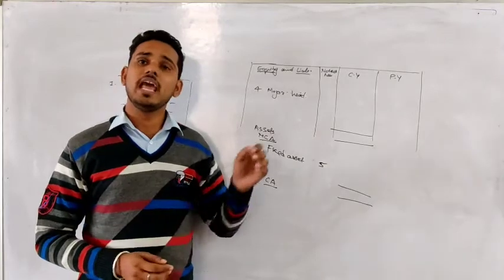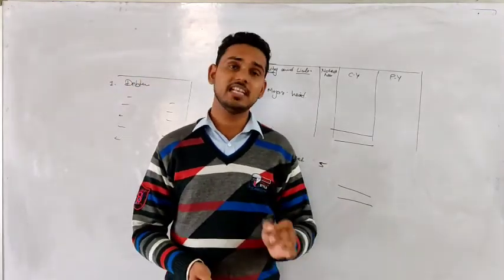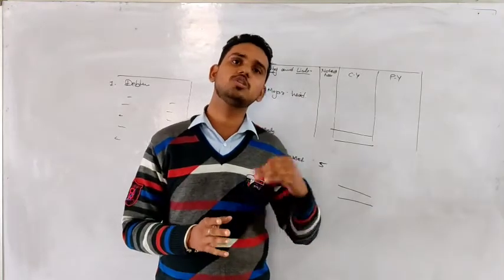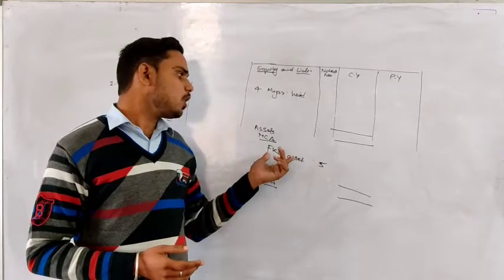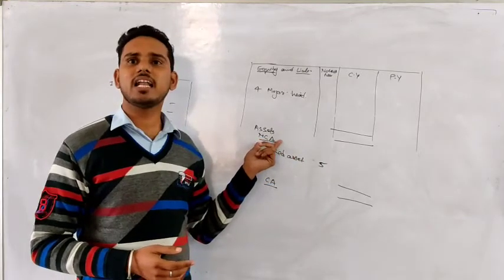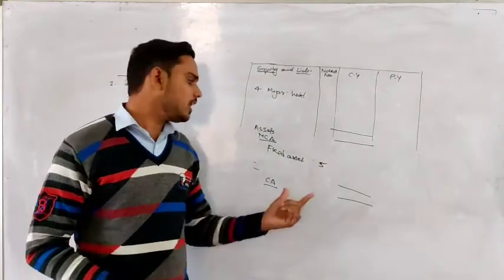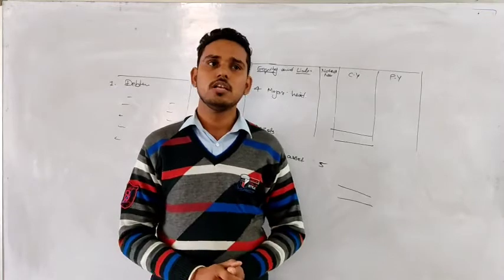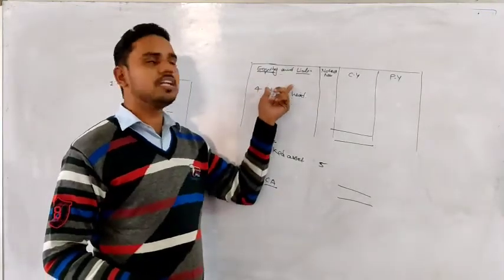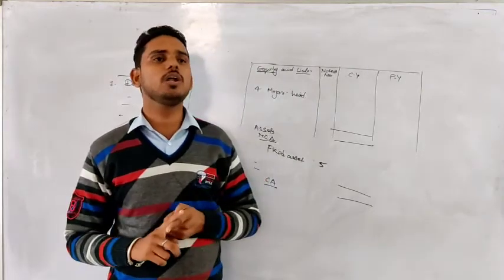No doubt in every major head there are some subheads, and it is not necessary that there should be a subhead, but there can be. Like in case of non-current asset there are, I guess, 5 subheads, and on the current asset we are having 6 subheads. Same way on the equity and liability side we are having 4 major heads. The first major head is shareholder fund.